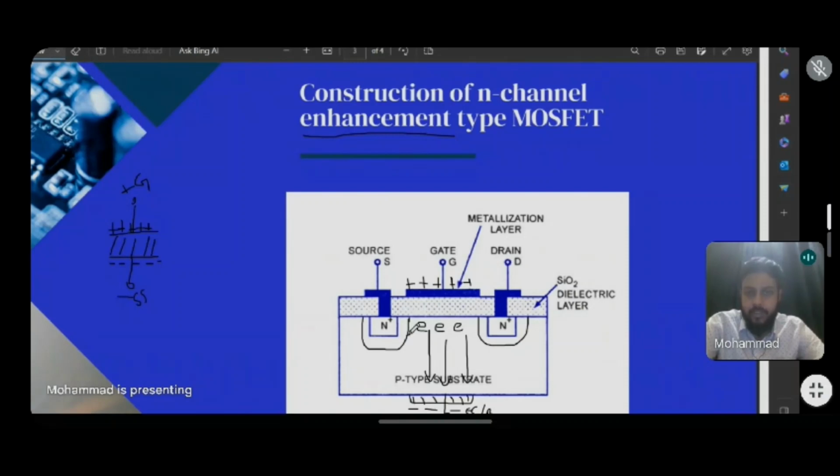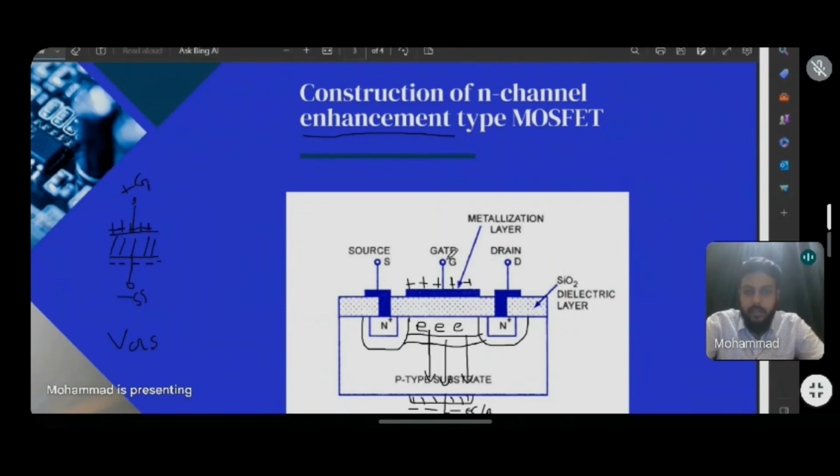Now we see that there is a channel that is formed. Because of this channel, the charge carriers can move from the source terminal to the drain terminal. So what does that mean? It means that VGS, so why am I saying VGS?